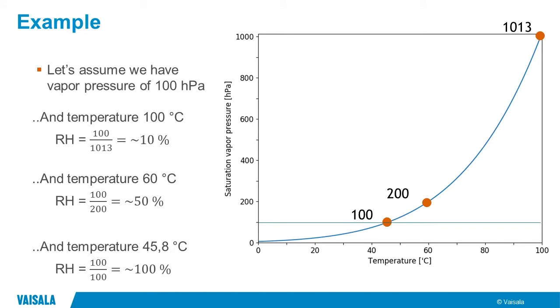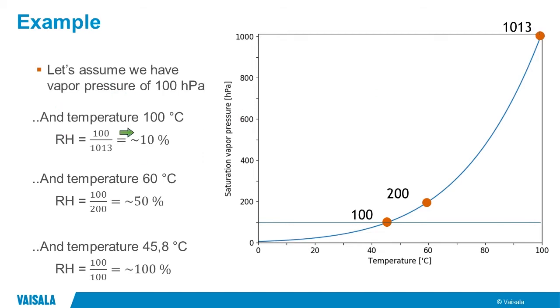Let's assume first that we have a vapor pressure of 100 hectopascals is the unit here. So that would be the vertical blue line here, shows the actual value. Now, if the ambient temperature is 100, that means we are reading the saturation value here at 1013.